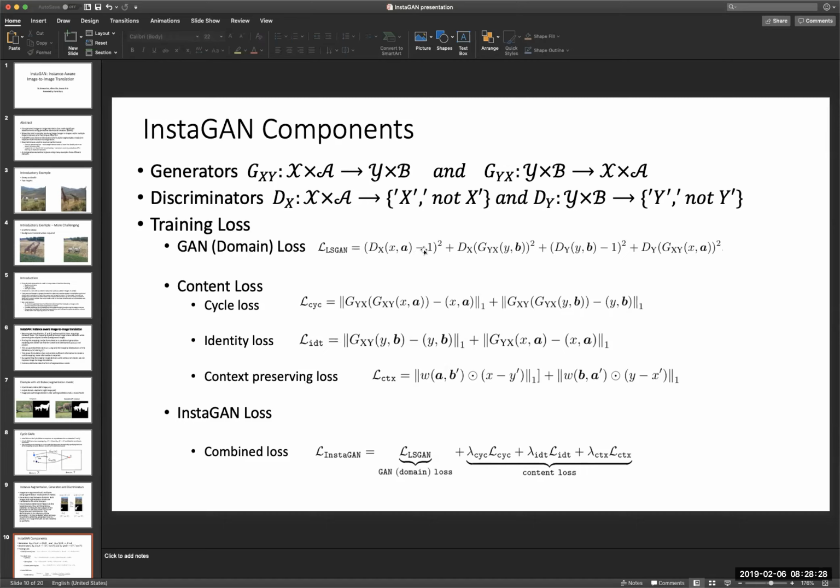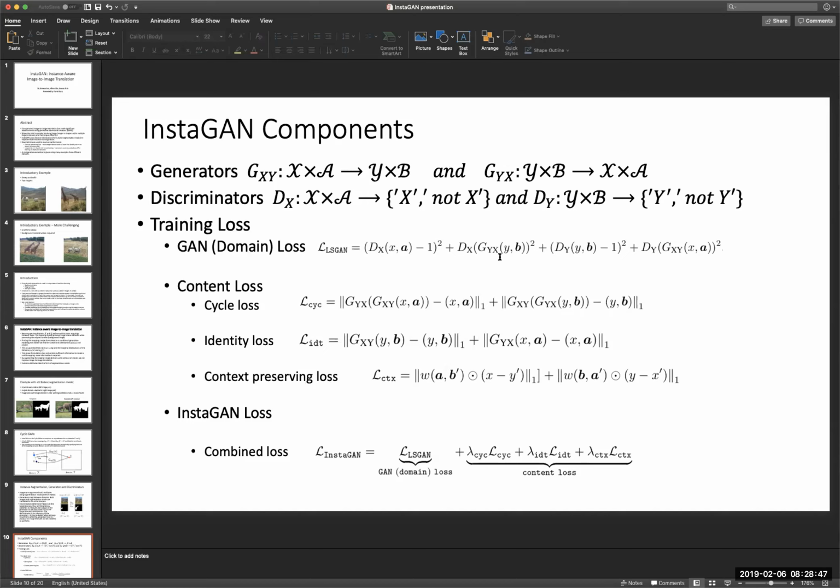If you subtract it from 1, you get a 0, and square it, you get a 0. So that term says there's no loss if you've perfectly matched, the discriminator worked perfectly, so it doesn't contribute to the loss.